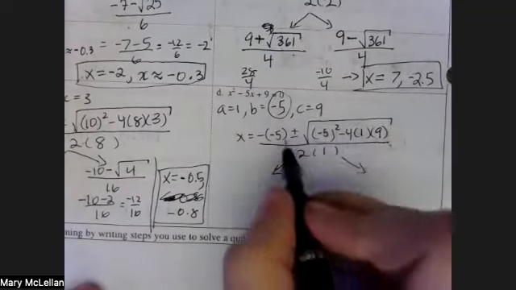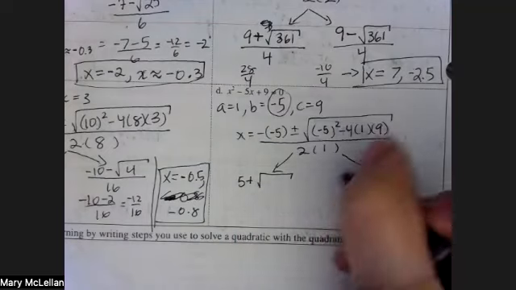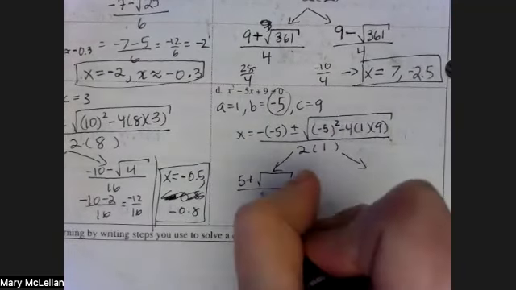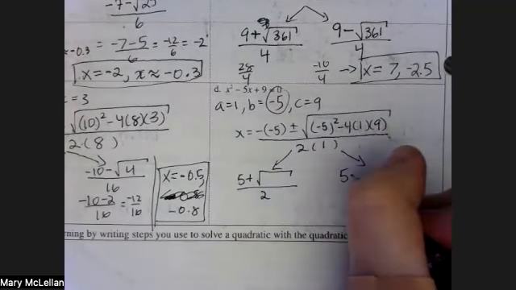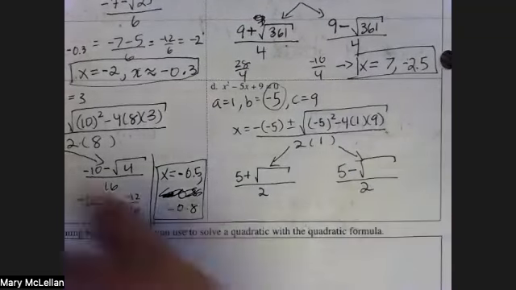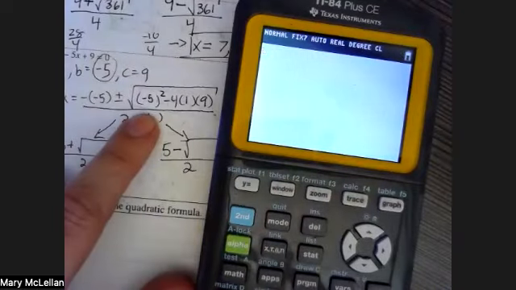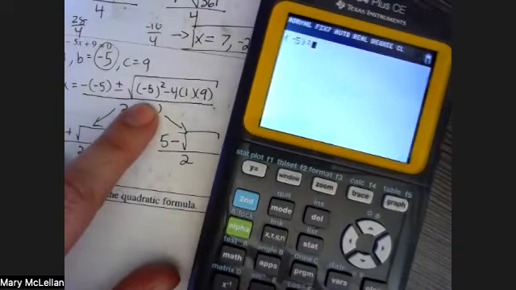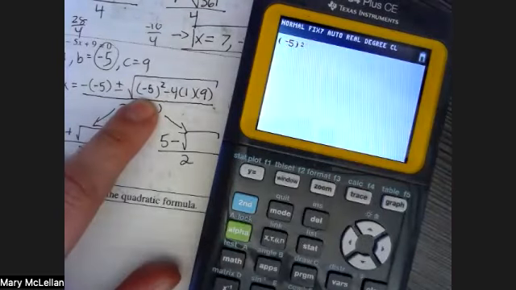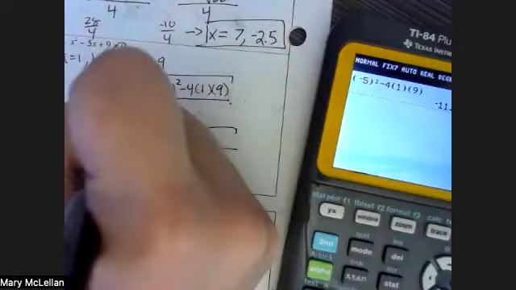So this becomes 5, first equation plus the square root of that mess, all over 2 times 1 is 2. 5 minus the square root of that mess, all over 2 times 1 is 2. Let's figure out what that mess equals. Negative 5 squared. I put the negative 5 in parentheses. I'm being careful. Minus 4 times 1 times 9, which is negative 11.